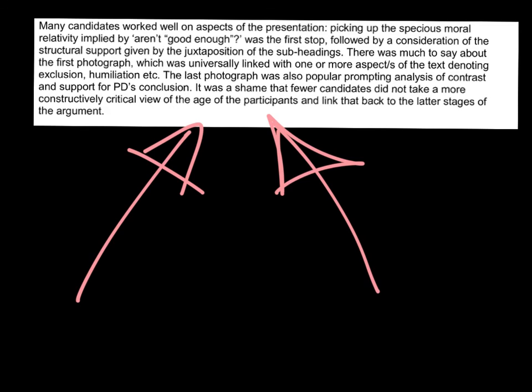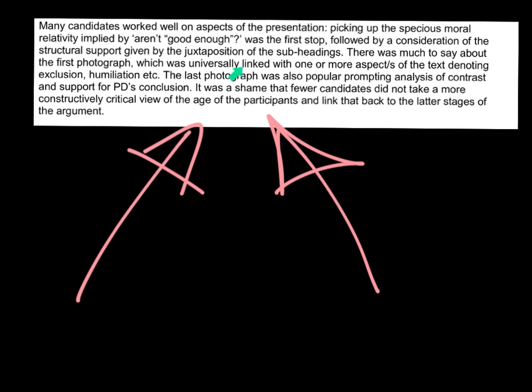Sorry, just before I do, can I mention your analysis of the photographs? Look at the high level analysis that they are expecting when analysing a photograph. Take a look at the high level analysis they're looking for when they ask you to analyse the subheadings. They're looking for the juxtapositioning of the subheadings, the structural support that the subheadings use.